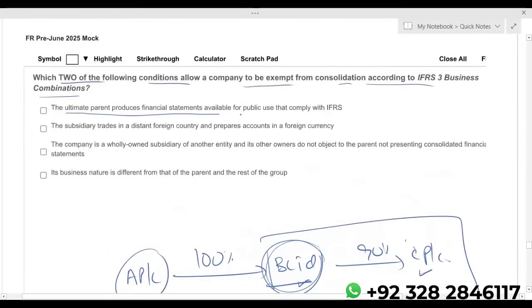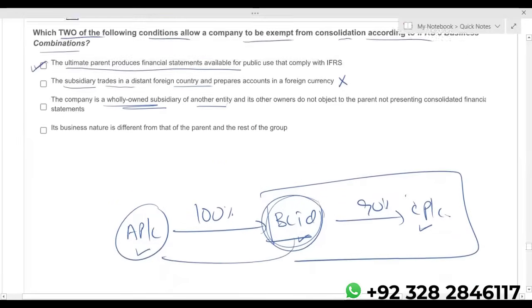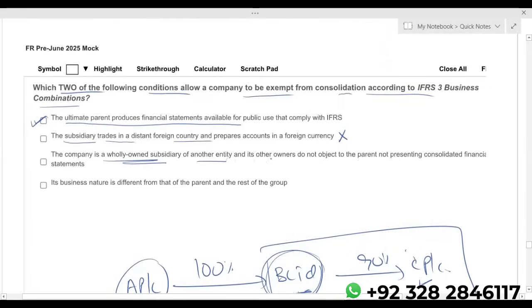Ultimate parent produces financial statements available to the public. Yes. The subsidiary trades in a distant foreign country, wherever your subsidiary is trading. It does not mean that you get exemption from group accounts. No. The company is a wholly owned subsidiary of another entity. Yes. B is a wholly owned subsidiary of A. Another entity and its other owners do not object to the parent not presenting group financial statements.